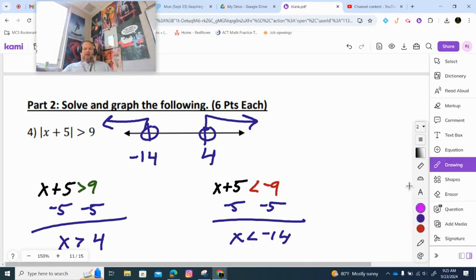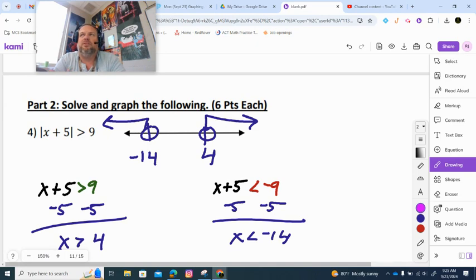As far as grading wise, I'm starting here. The graph is where I'm starting. If I happen to look at this and see you have the right thing, you have the graph drawn, that's where I'm going to take off some points. There's not a space for you to actually write your solutions, like x is greater than 4, x is less than negative 14.